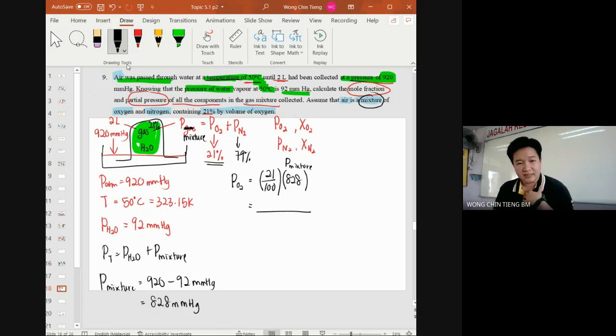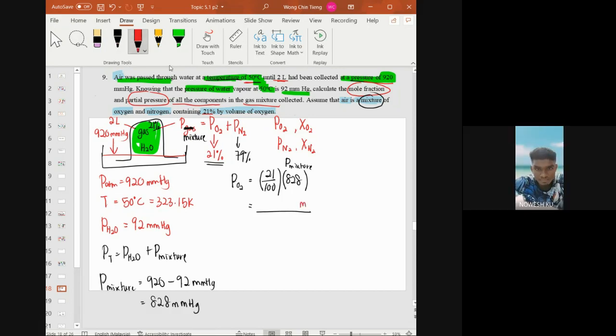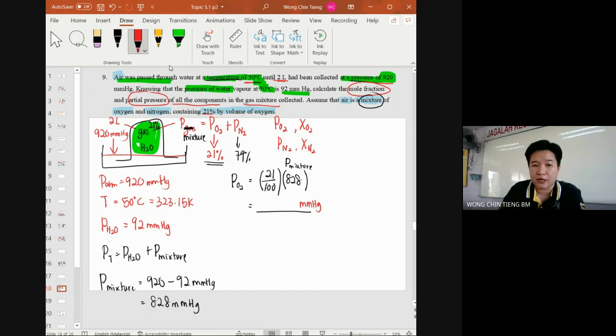My question, again, unit? Millimeter mercury, because the partial pressure of the mixture is in millimeter mercury. So, to find the nitrogen gas, I can use this method. 79 over 100 times 828. Betul?